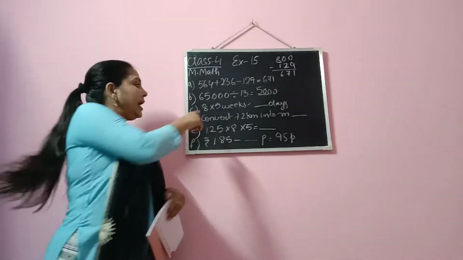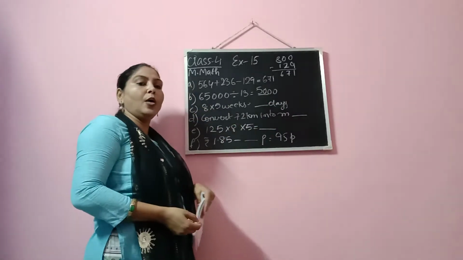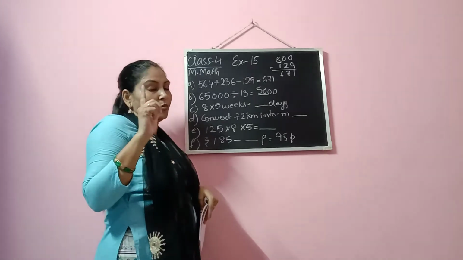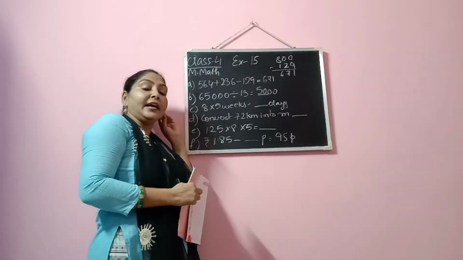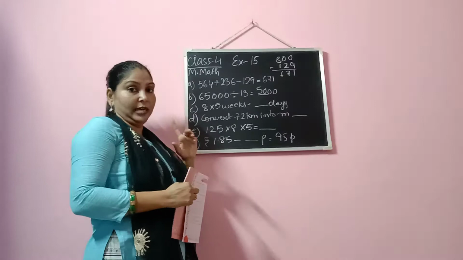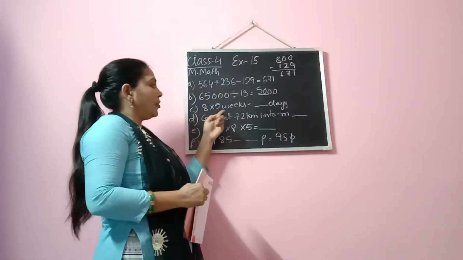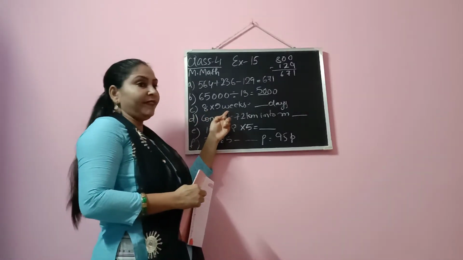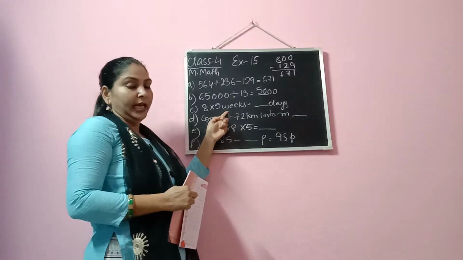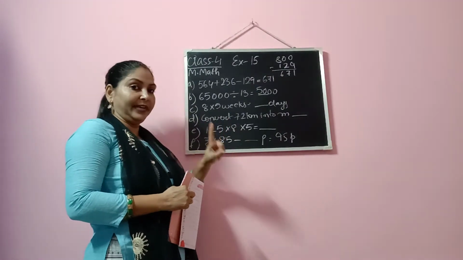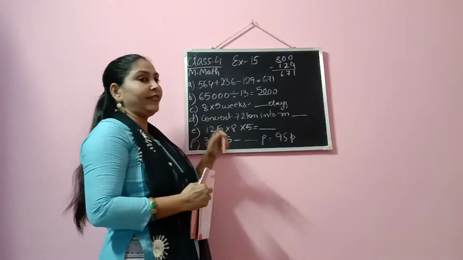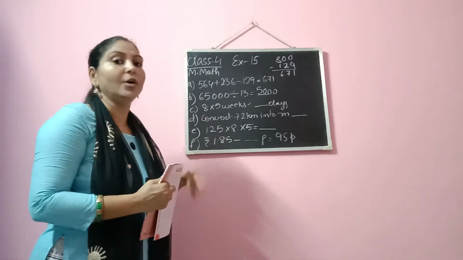Next one. 8 into 5 weeks. Now how many days are there in 1 week? There are 7 days in one week. Okay. So first of all we will find out how many days are there in 5 weeks. If in 1 week 7 days are there, then in 5 weeks if we do 5 into 7, we will get it.